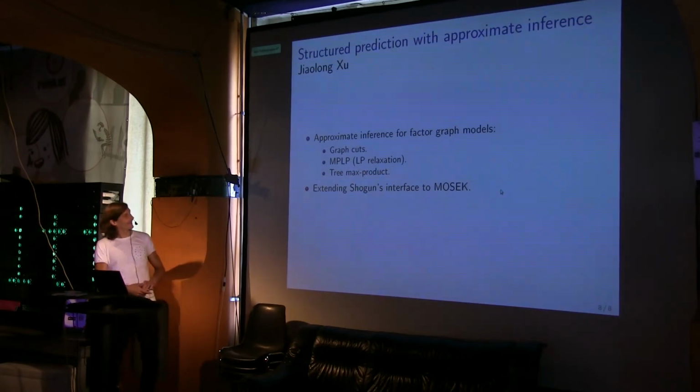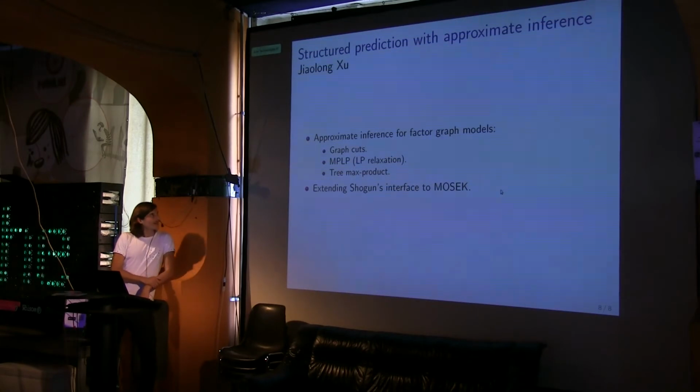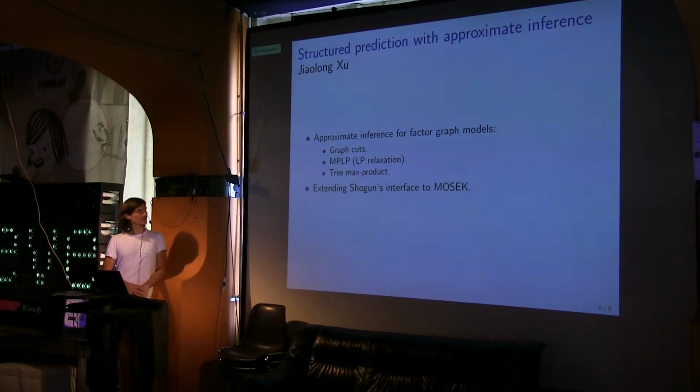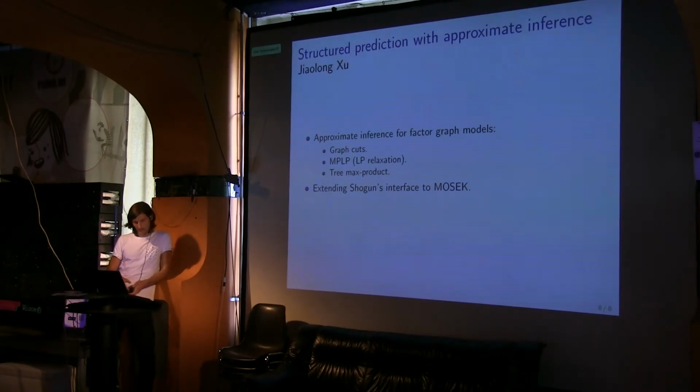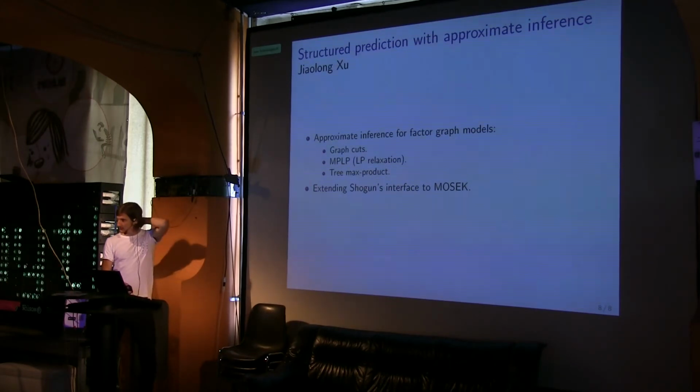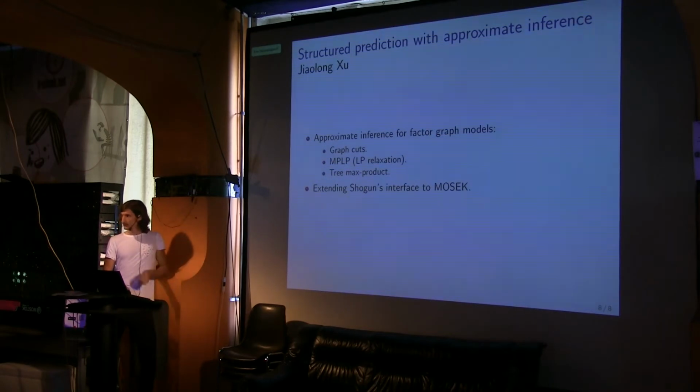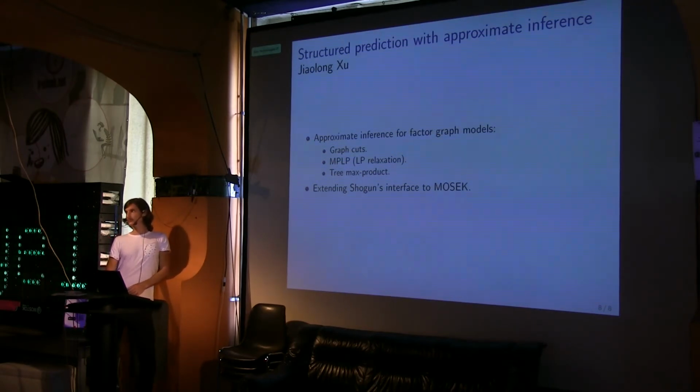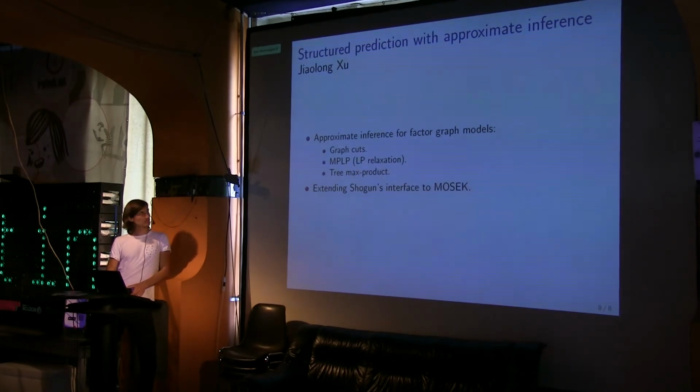The next student is also extending the structured output framework with approximate inference. He adds approximate inference to the framework for decoding large factor graphs, and he implements graph cuts, the message passing LP relaxation and the tree max product. Okay, actually the tree max product is exact inference, but it's a baseline for the other methods.